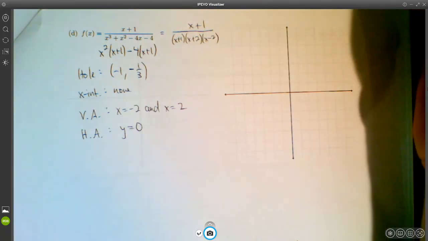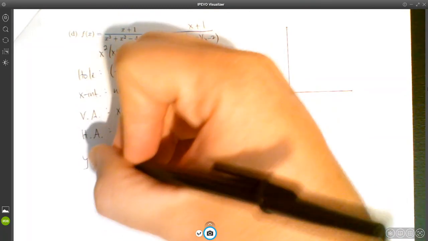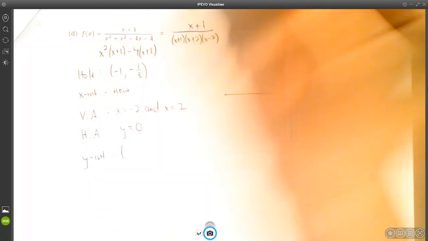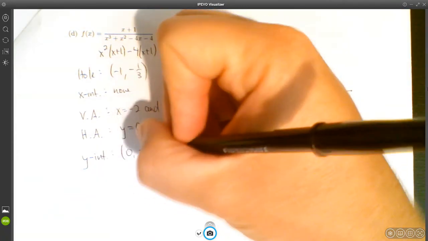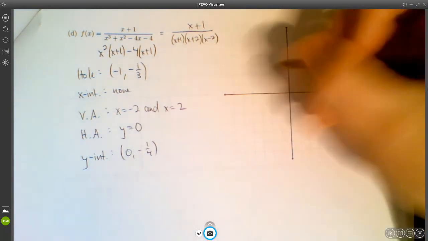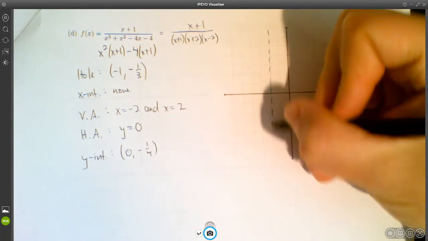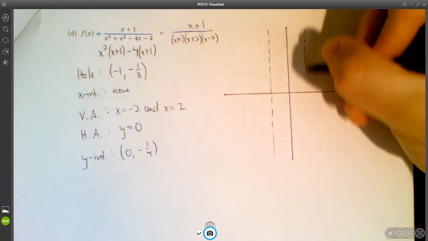Anything else I need? A y-intercept might be nice if I plugged in 0 for x. If I plug in 0 for x, I get 1 over negative 4, so negative 1/4 is my y-intercept. Let's start to put this stuff on here. So I've got vertical asymptotes here and here.